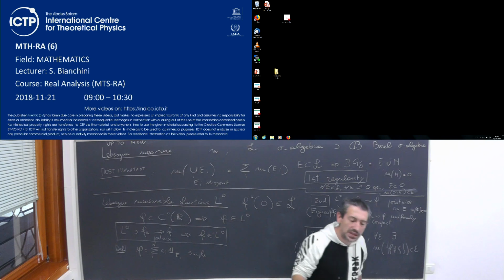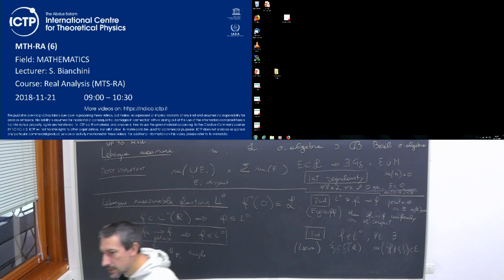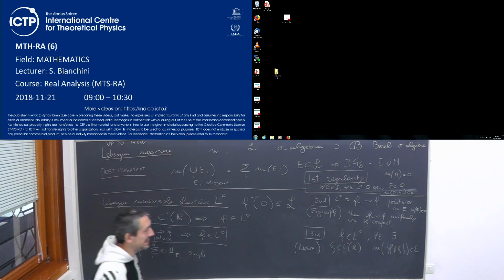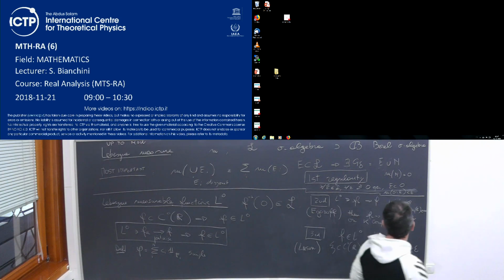The uniform convergence in R is a notion which is a little bit tricky.